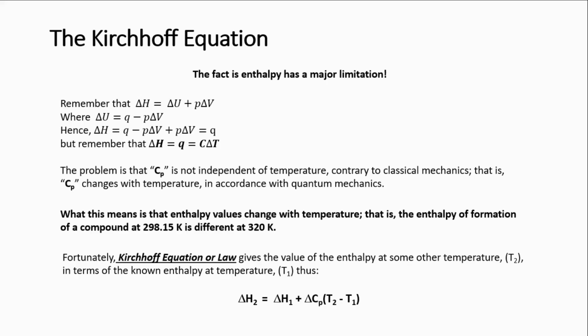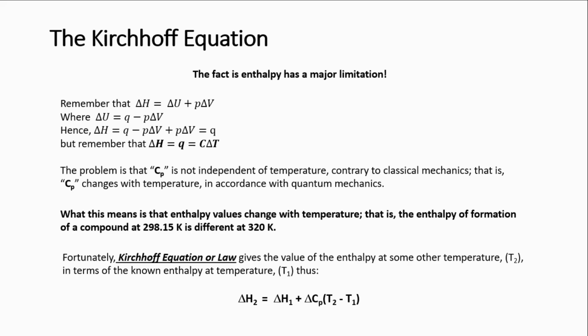That is what allows us to say that enthalpy change is equal to the constant pressure heat. Now, given that delta H is equal to Q, we can also say that delta H is equal to C delta T, seeing that Q is equal to C delta T, and of course it would be the constant pressure heat capacity. The thing is that heat capacity values vary with temperature.